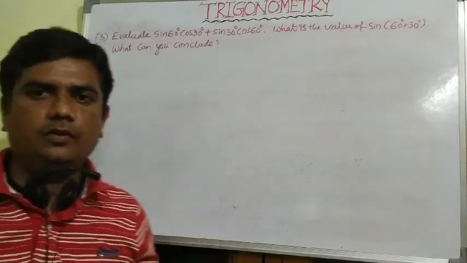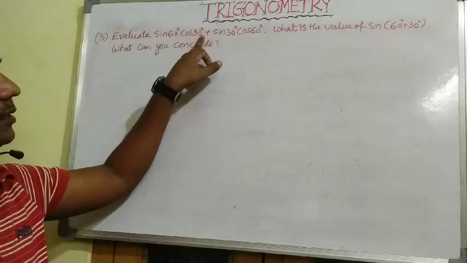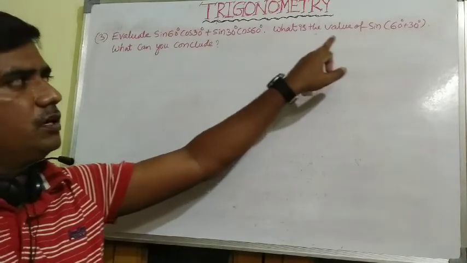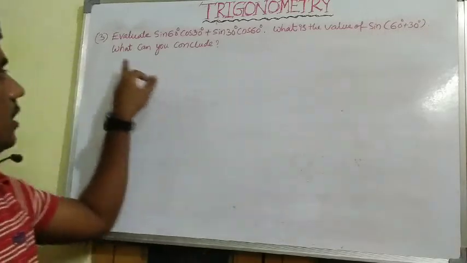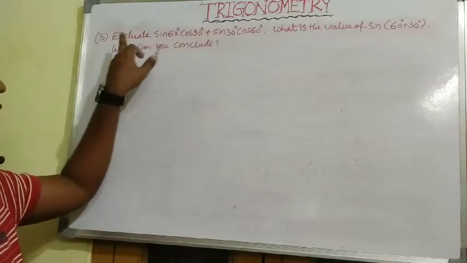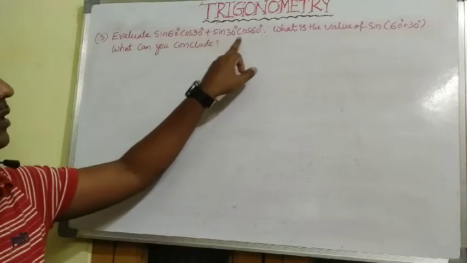Next, the third one. Evaluate sin 60 degrees cos 30 degrees plus sin 30 degrees cos 60 degrees. What is the value of sin (60 degrees plus 30 degrees)? What can you conclude? So here two questions are given. First we have to evaluate this value, sin 60 cos 30 plus sin 30 cos 60.